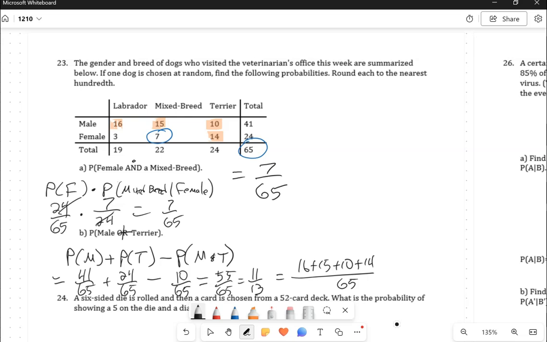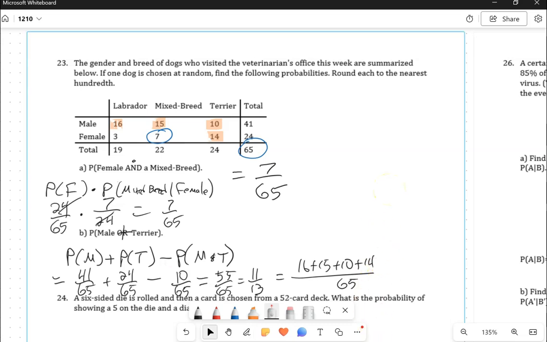So you can either use your probability rules or just directly look for what you need. Now the problem with just doing the totals, that's 41, that's 24. You double count these. So if you do 41 plus 24, male terrier, you've double counted the 10. That's why we have to subtract that double counting in the rule. All right, hope that makes sense.